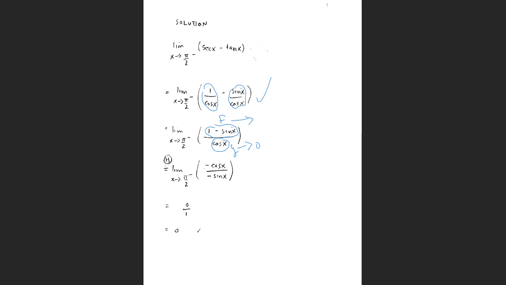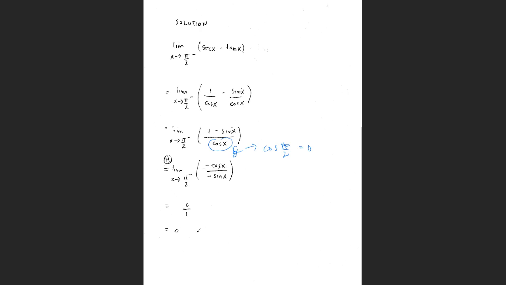Let me be a little more clear. This is my function g, and it approaches the cosine of pi over 2, which is 0.